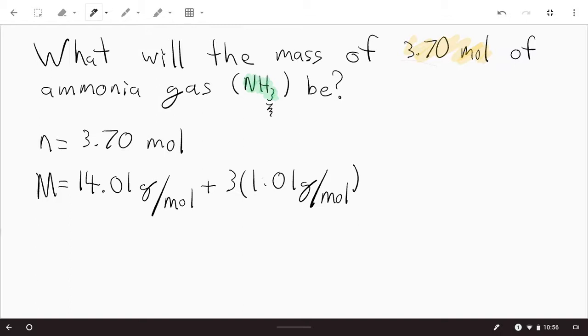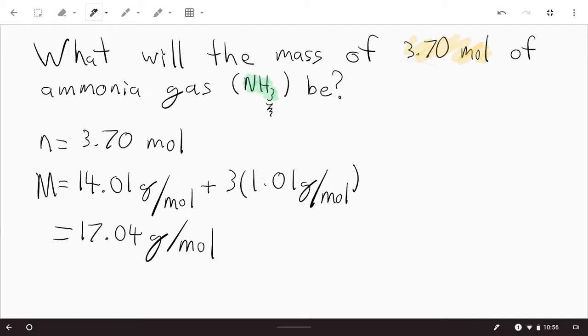So I'm going to write that down as well. Adding all of that together, I can see that in total, I have 17 and 4/100ths of a gram per mole. So that is my molar mass for ammonia.